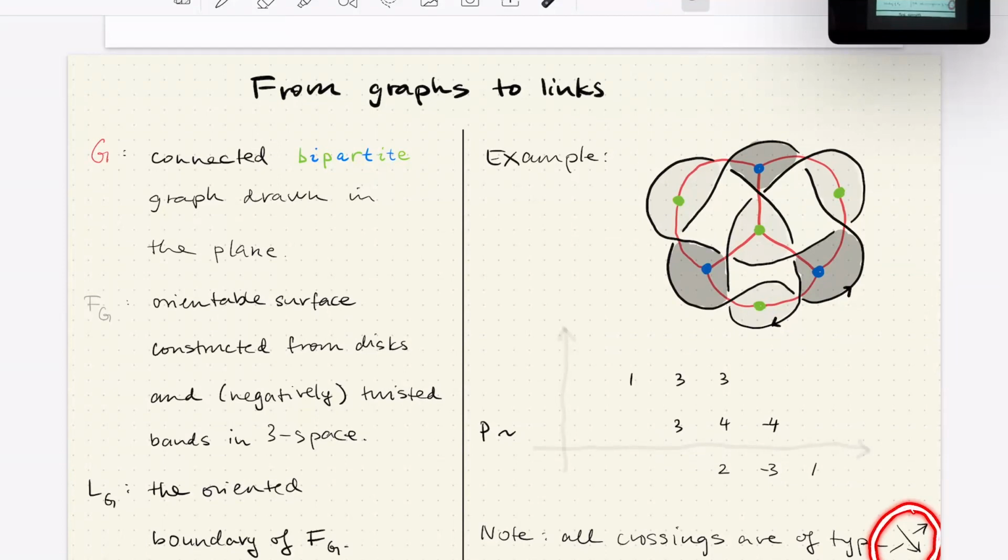There was a discussion of that last week, right? What to call positive and what to call negative. Anyway, this is what I decided to call positive, and that's the standard convention. That's the way this is built. The twisted bands are actually all negatively twisted, and that makes all the crossings, in fact, positive.